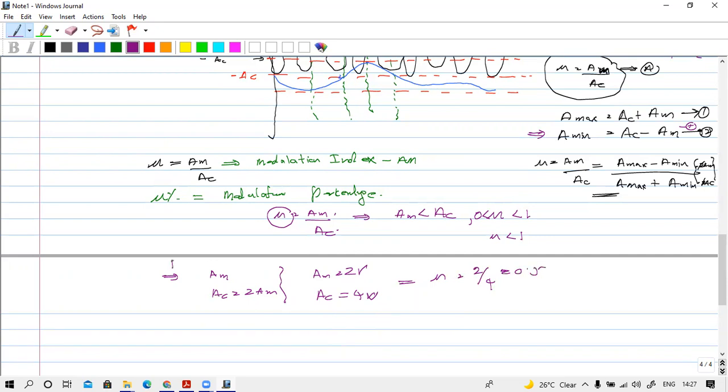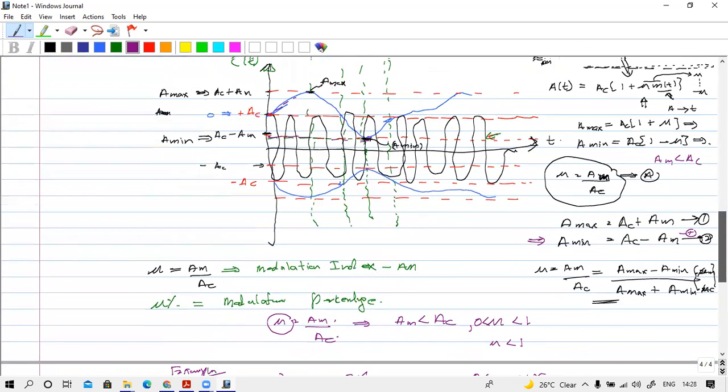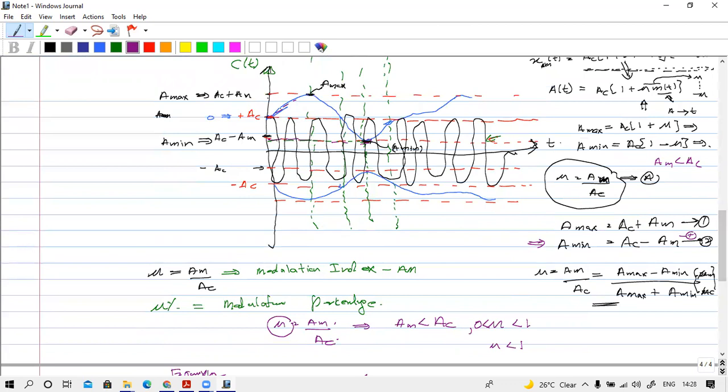So the modulation percentage is 50. If AM is 2 volt and AC is 4 volt, the modulation percentage is 50%. At that time we will get this kind of envelope.